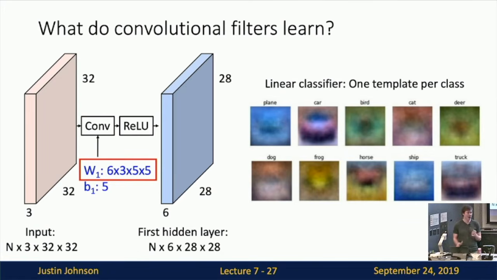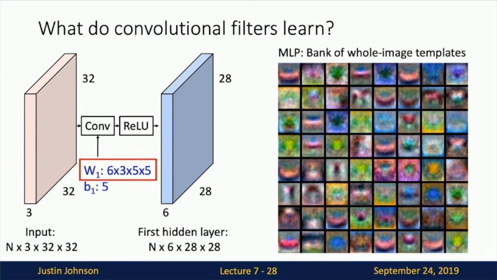The linear classifier, we had this interpretation of learning a bank of templates, 1 template per class. And then this was expanded with our fully connected neural networks that now learned a set of templates in the first layer, which were not tied to any particular class, but each of the templates in the fully connected network extended over the full size of the input image.